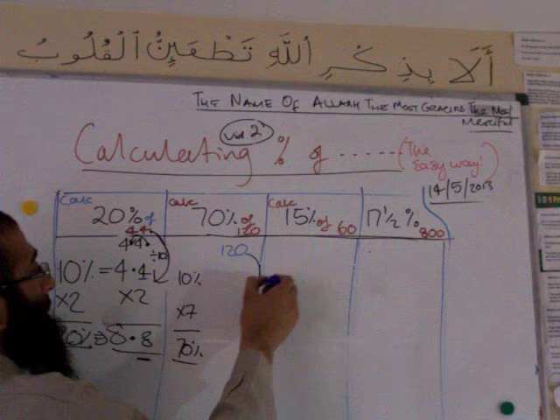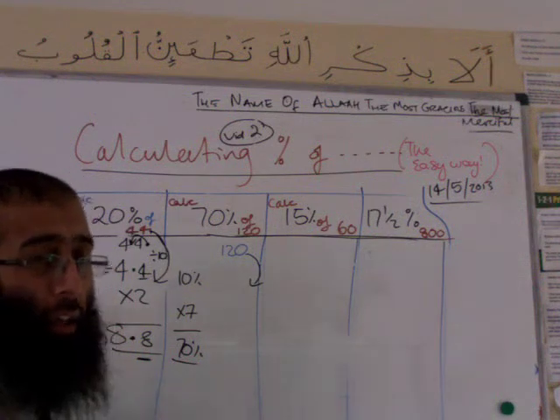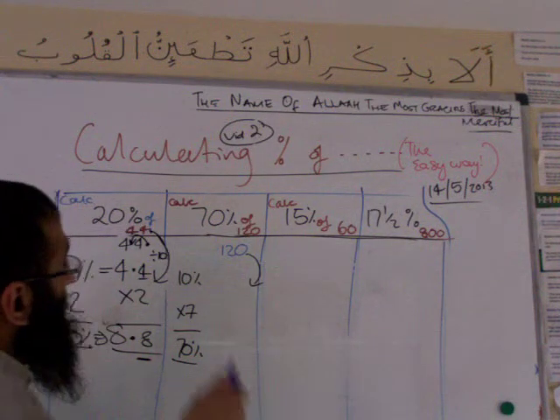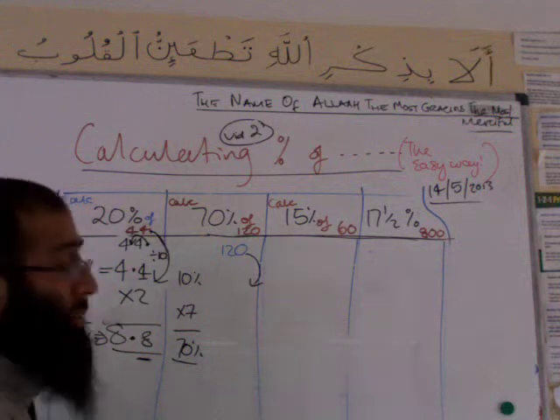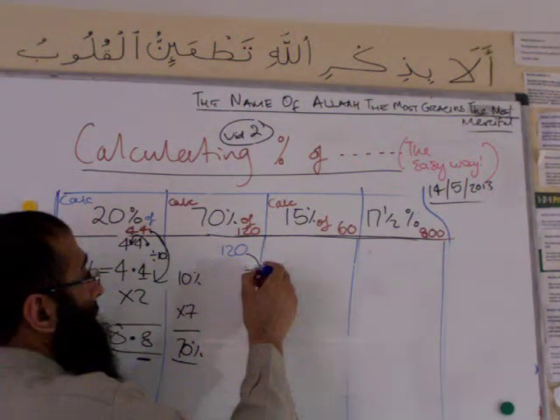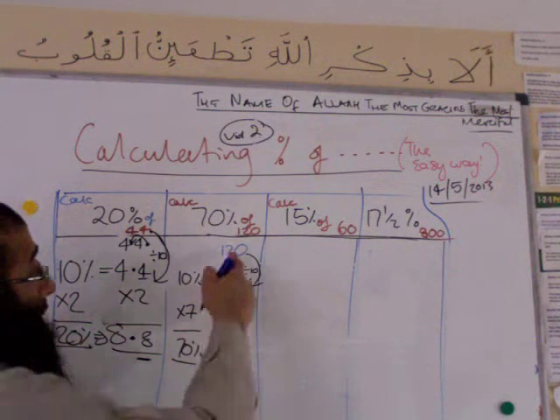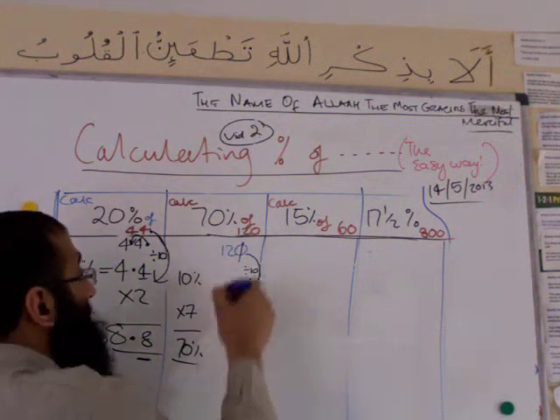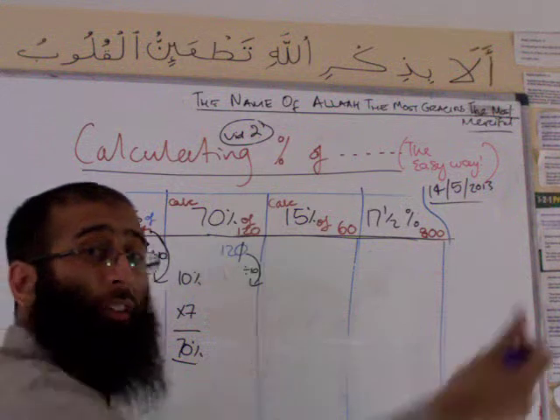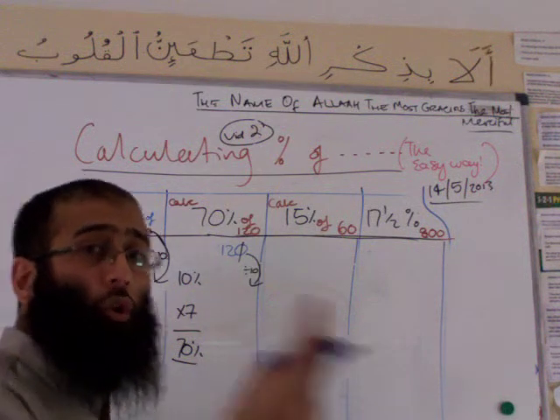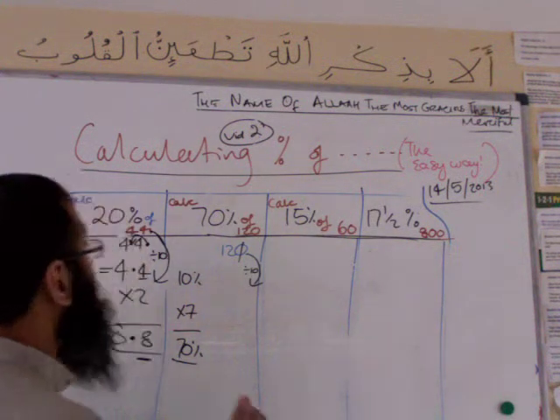So we're going to divide 120 by 10. What's the quick way of doing that? We've got a nice lovely juicy 0 at the end. If we divide by 10, what do we do to that 0? What do we do, Amina? Take it off. When you divide a whole number with zeros at the end, you can remove one 0 to divide by 10, two zeros for dividing by 100, and three for 1000.